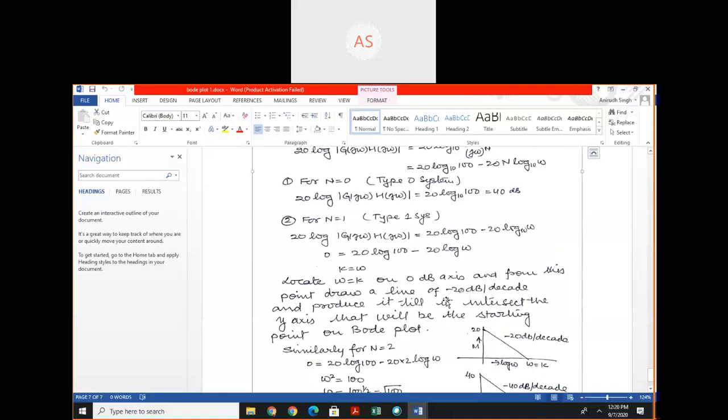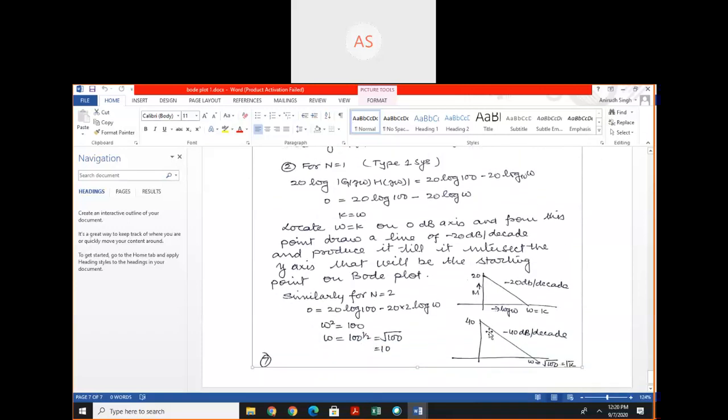We produce this line till it intersects the y-axis at this point. And this is the starting point of the Bode plot for a type 1 system.